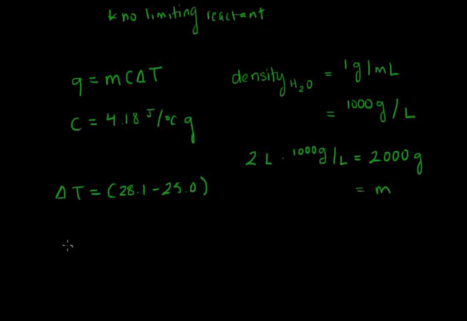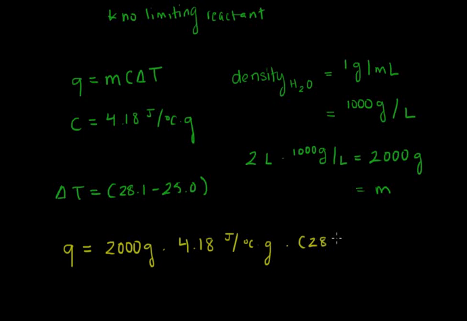So the heat released by this reaction is equal to M, so 2,000 grams, we're going to include units here, times 4.18 joules per degree Celsius per gram, times 28.1 degrees Celsius minus 25.0 degrees Celsius.